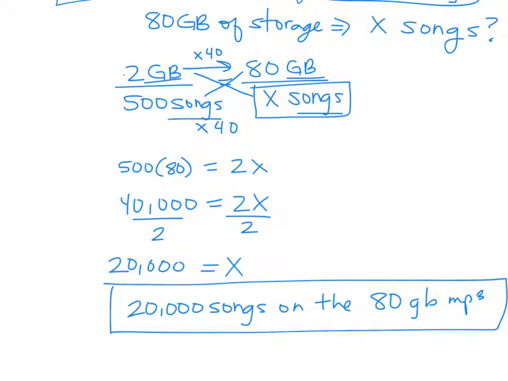Questions on that? So the way I did it, will it work every time or no? Yes, what you did works. You found it a different way, but it is the right process.